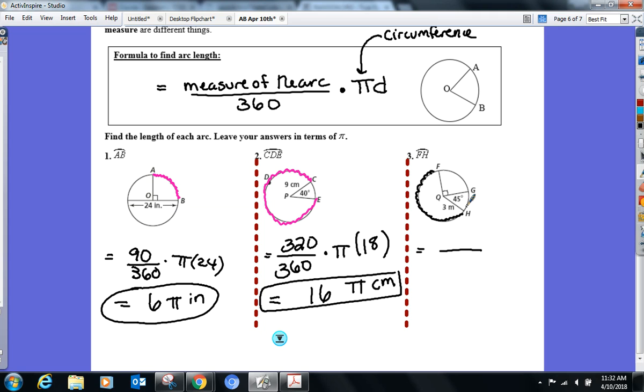So 225 out of 360 times diameter in this one, 6 meters. And I think this comes out to be a short decimal, so no big deal. 3.75 pi meters.